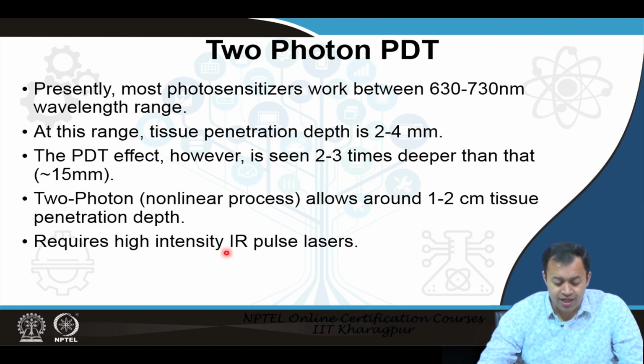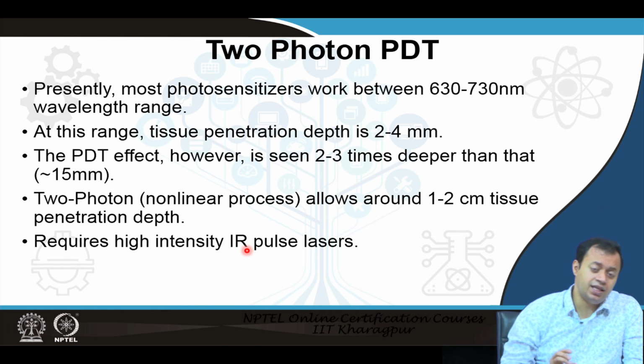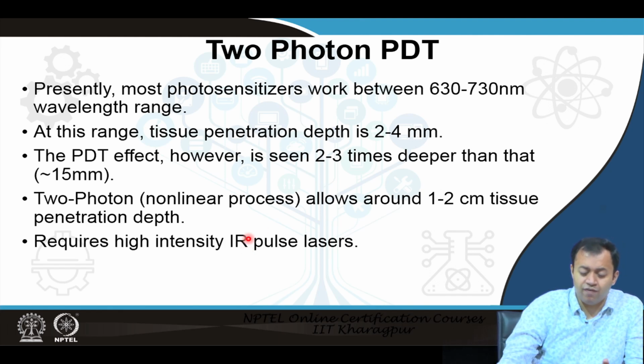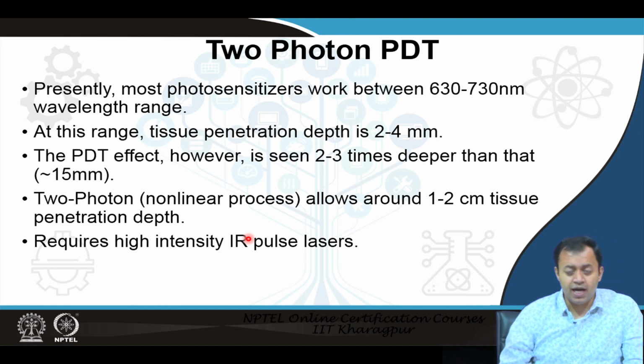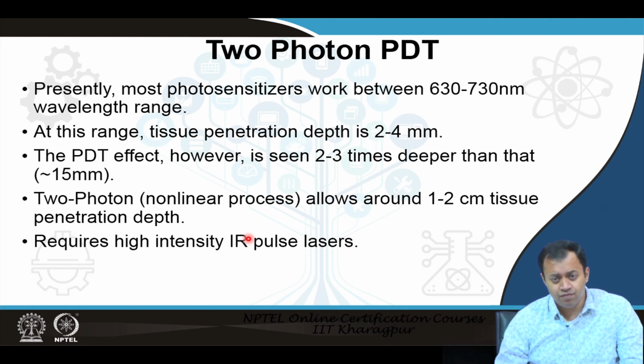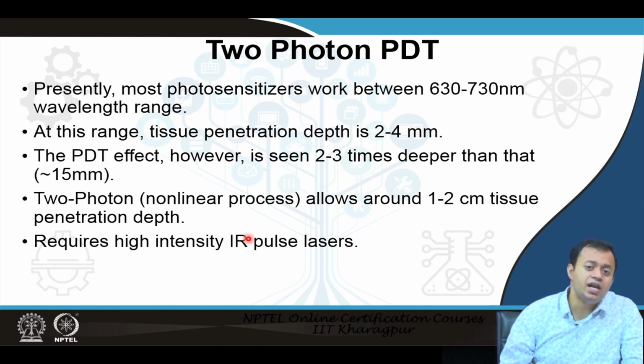And you can use a high intensity IR pulse laser. So, less energy light can be sent, and it will act upon a photosensitizer material, upon a non-linear material. That non-linear material, upon reaction to these 2 sets of IR pulses, because of the non-linear process, will produce a photon of far higher energy, and that far higher energy photon will go further and will activate another photosensitizer which is connected with a drug.